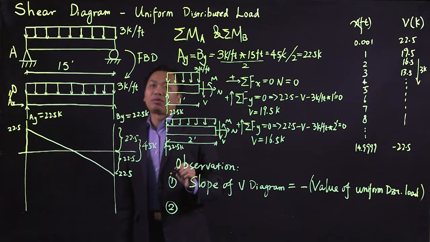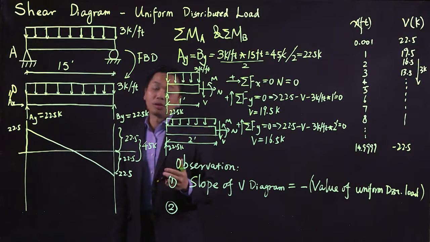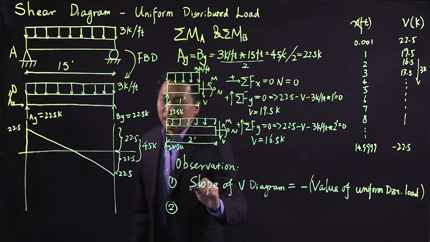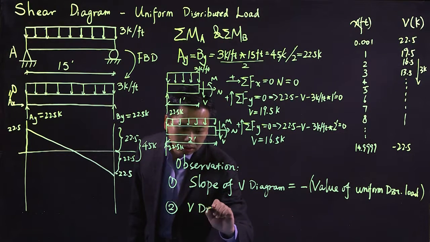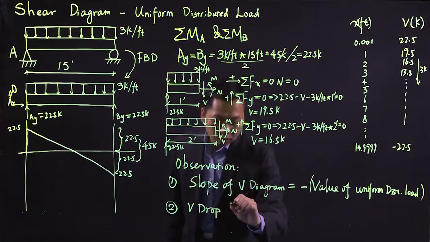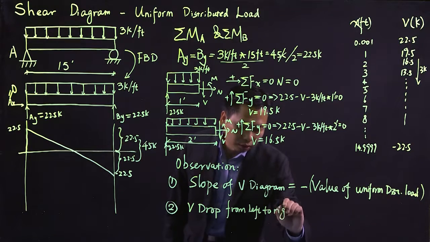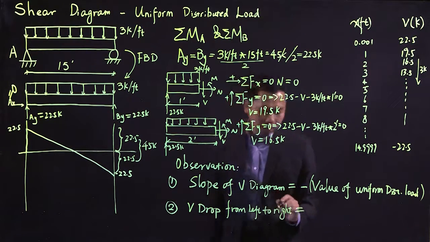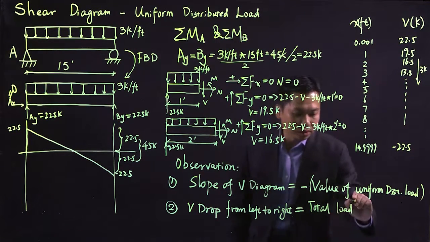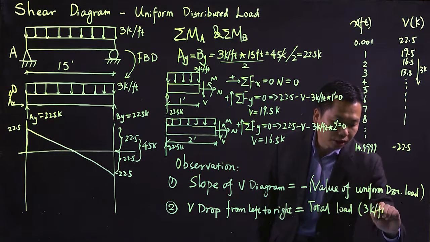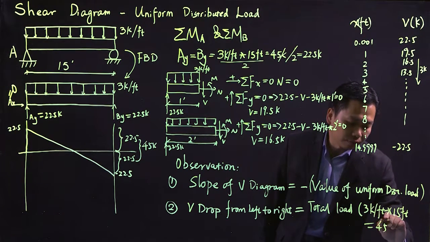That happens to equal the total load this uniform distributed load contributes. So the second observation we can make is that the shear drop from left to right is equal to the total load, which for this case is 3 kips per foot times the length of 15 feet, and that is 45 kips.